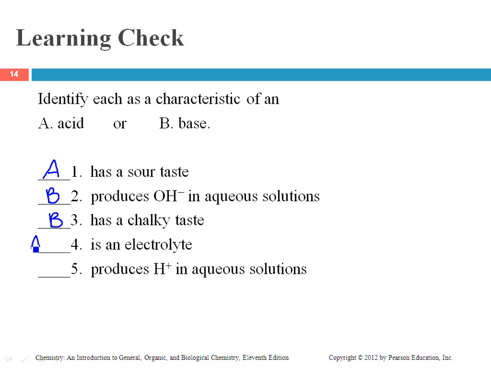Electrolytes could be an acid or a base, and how strong the acid or base is determines if it's a strong or a weak electrolyte. And then an acid, according to Arrhenius theory, produces H+. So acid, H+, this is the same thing as hydronium, and a base produces hydroxide.